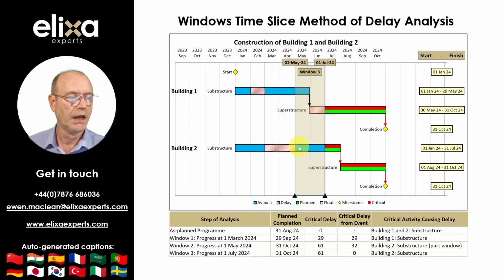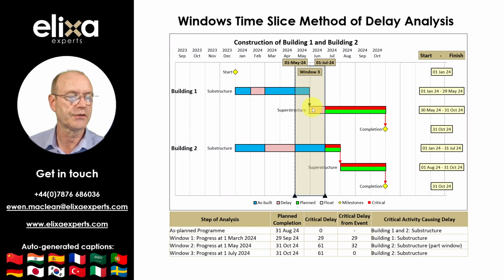Next, the program is updated with progress at the 1st of July, 2 months after the 1st of May. This defines Window 3, where it can be seen that there has been a 32-day delay to the start of the superstructure of Building 1, whilst Building 2 progressed as planned.